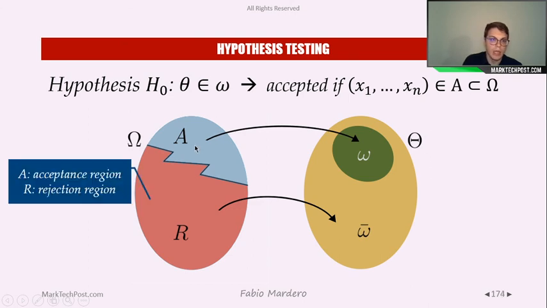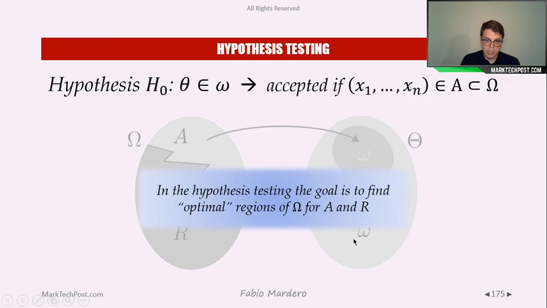So again, A means the acceptance region and R represents our rejection region. We accept our null hypothesis that theta lies inside omega only if the sample lies inside the acceptance region.